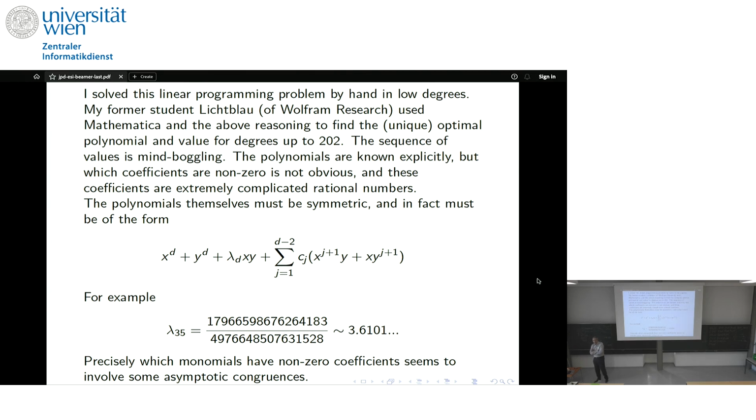In degree 35, this is a polynomial in 2 variables. The minimum is some number that grows with d. But if you take twice the degree plus 2 minus the number, then it becomes a controlled number between 2 and 4.